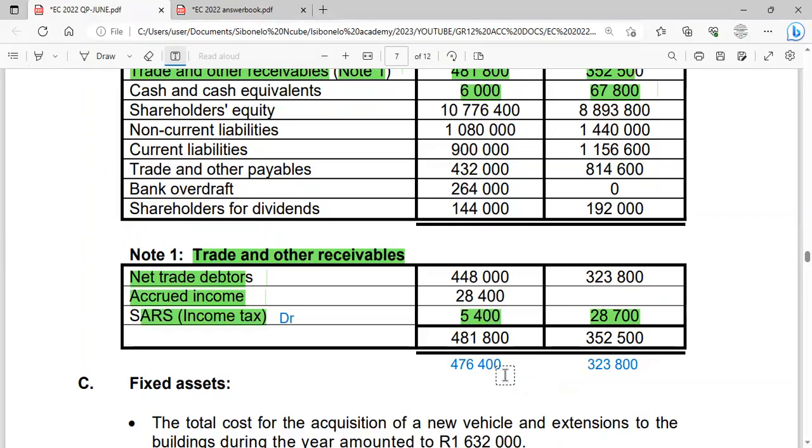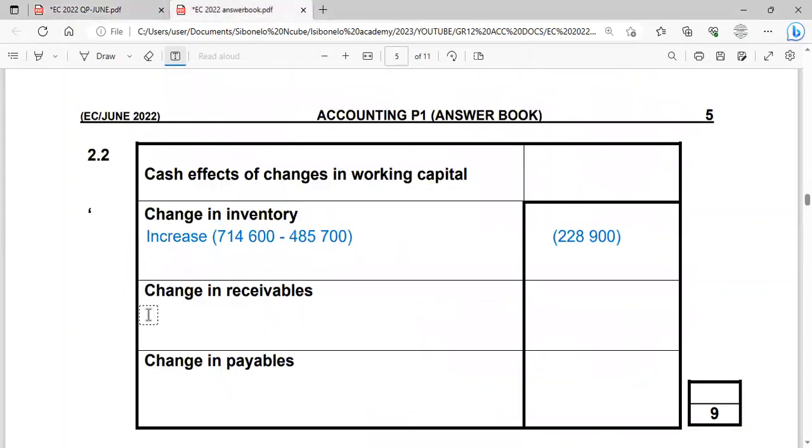Instead, our debtors took more of our stuff on credit. So this will be seen as an outflow. We've got an increase in account receivables.